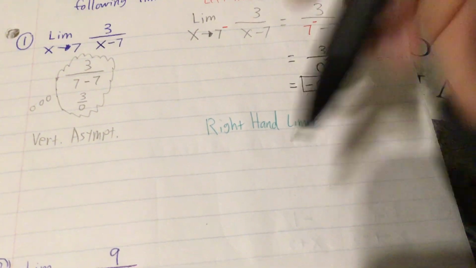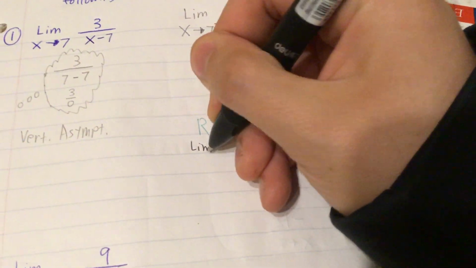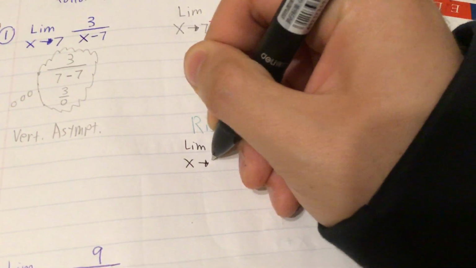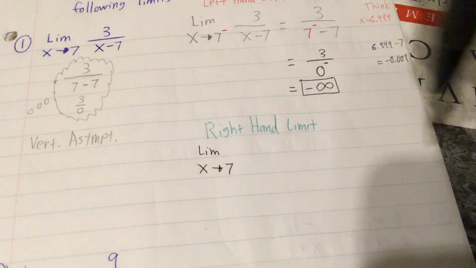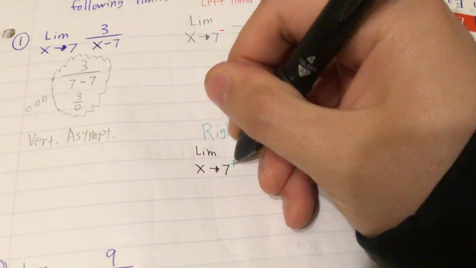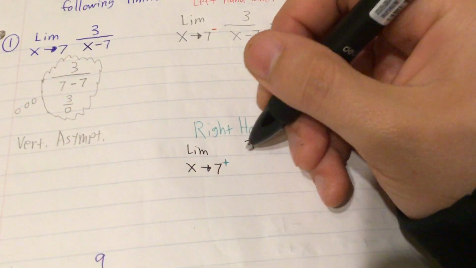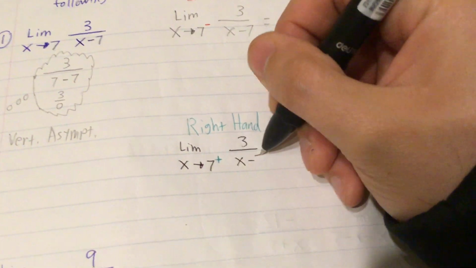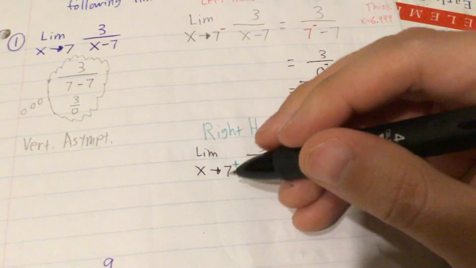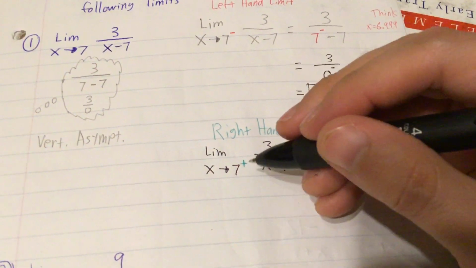So let's try the limit as x approaches 7 from the right side of 3 over x minus 7. You get the idea. I'm going to approach x equals 7 from the right side.